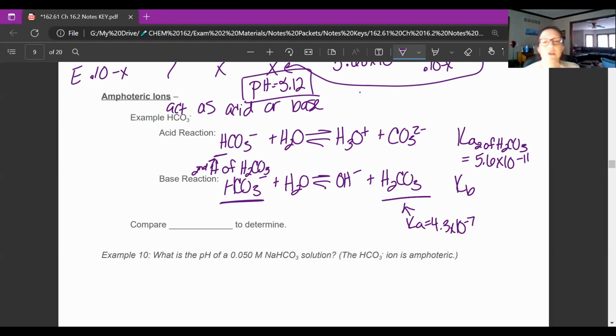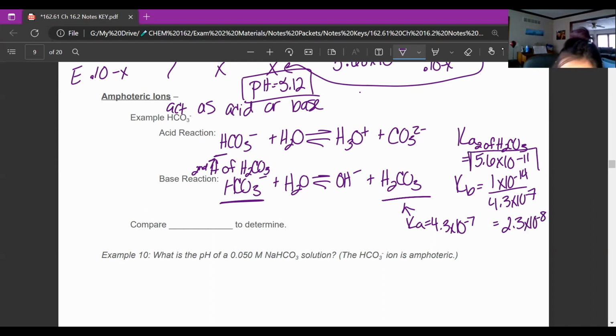Okay, so if you look that up, we can find that. So we know that the Kb of its conjugate is going to be Kw divided by Ka. So we're going to do 1 times 10 to the negative 14th over 4.3 times 10 to the negative 7th and get the Kb for this reaction, which is 2.3 times 10 to the negative 8th. Okay, I'm going to kind of box in these numbers. This is for this equation, and this is for this equation.